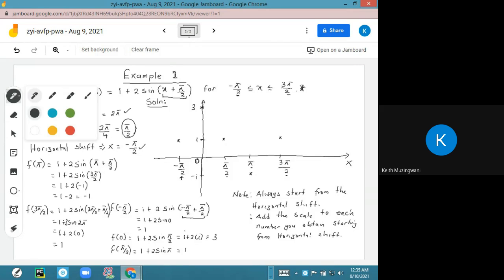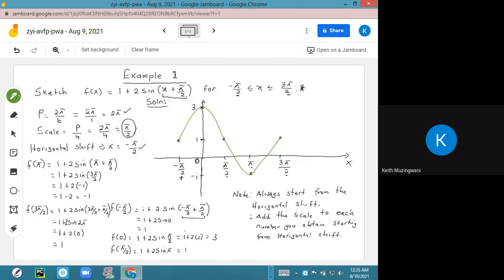Then we connect these points using a curve. And that's how we sketch. When you have points, if it's a straight line, you just connect the points. Now this is a curve, so we connect the points using the curve. You come here, move to here, there, up to here.